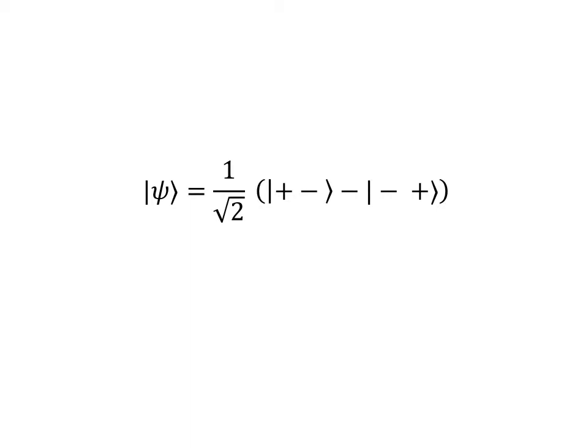Alternatively, what is the probability of the first particle being spin down while the second is spin up, when S sub 1 or S sub 2 are applied?